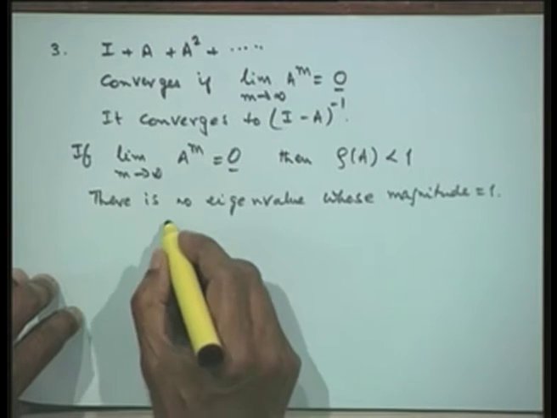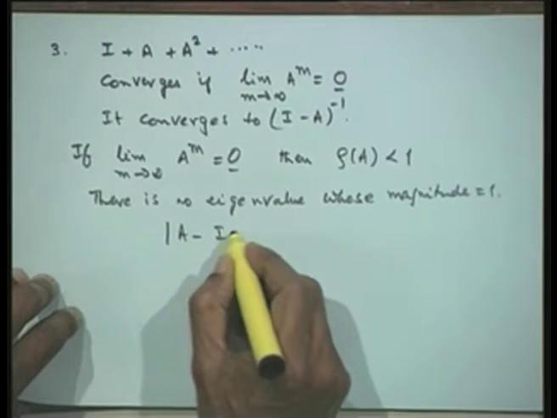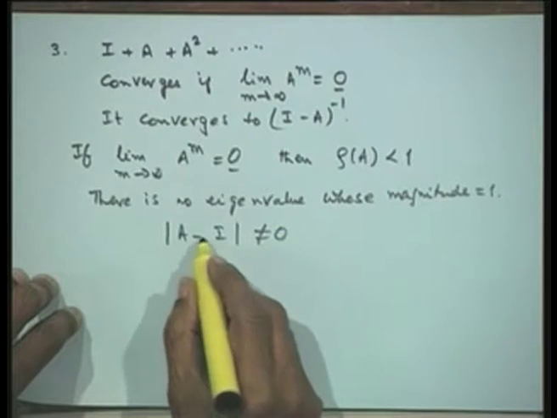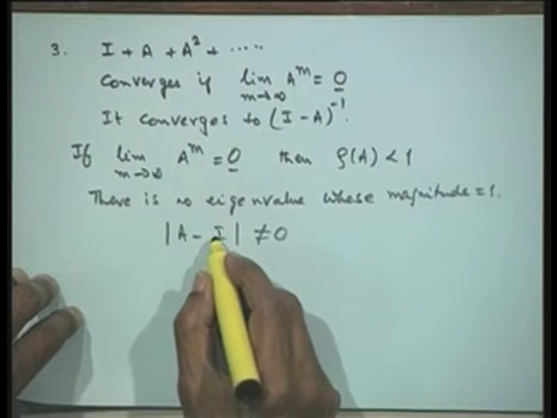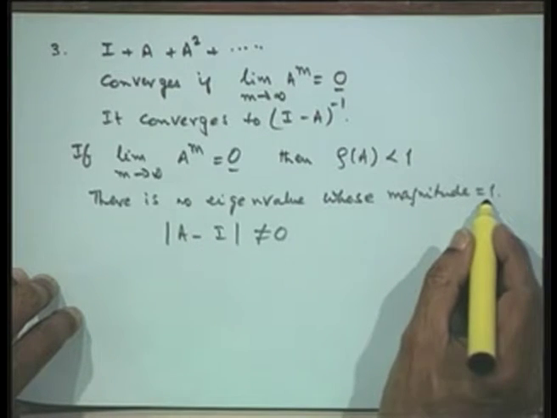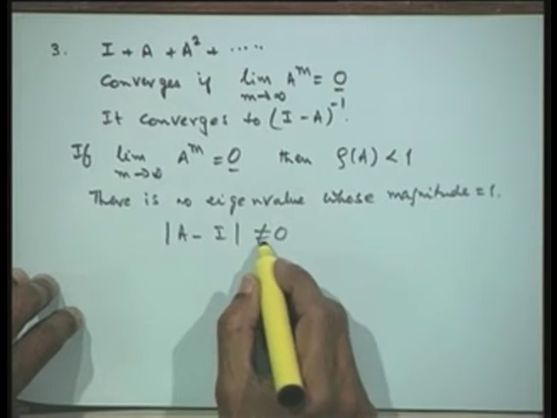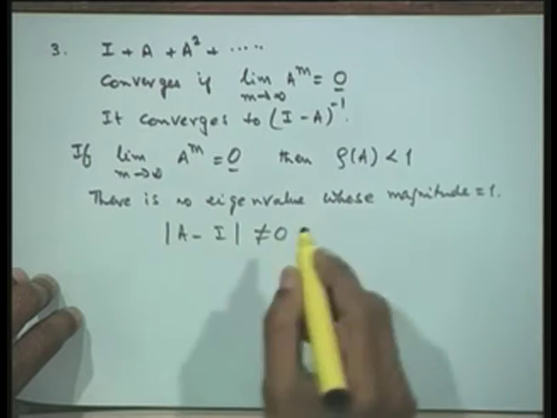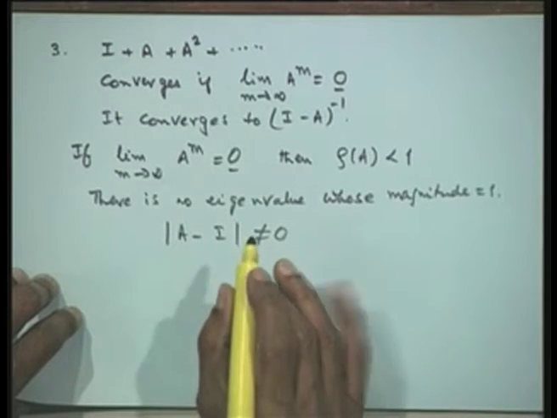This would imply that the determinant of A minus I is not equal to 0. I set lambda equal to 1 in A minus lambda I, so A minus I. But lambda equal to 1 is not an eigenvalue. Therefore, the determinant of A minus I is not equal to 0. What does this imply? It implies I minus A inverse exists.